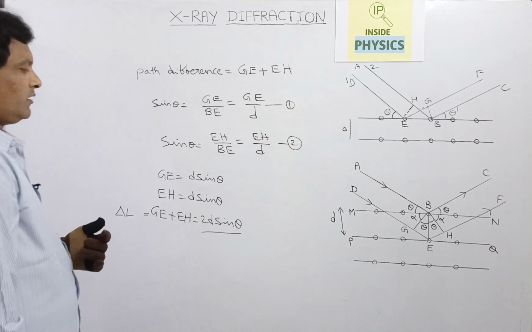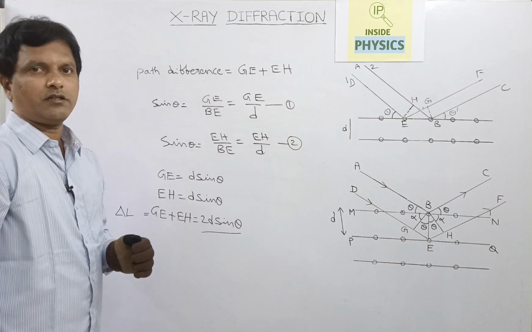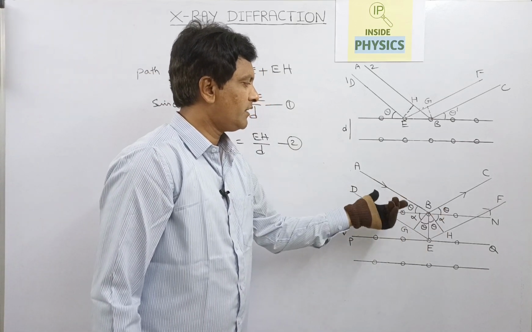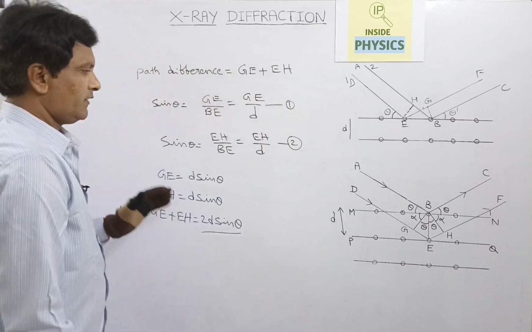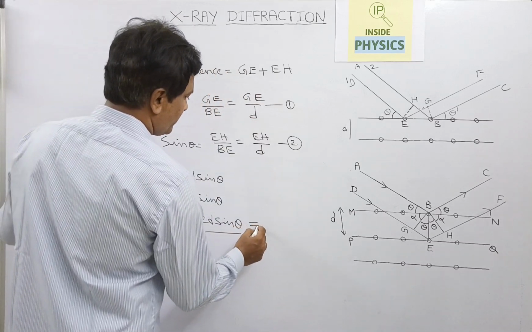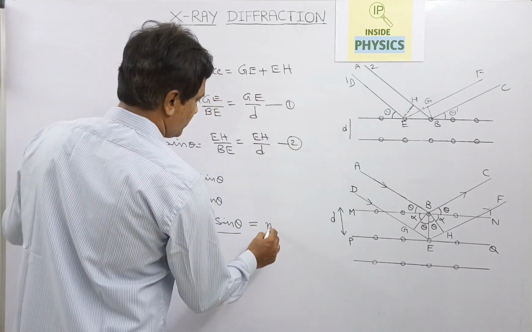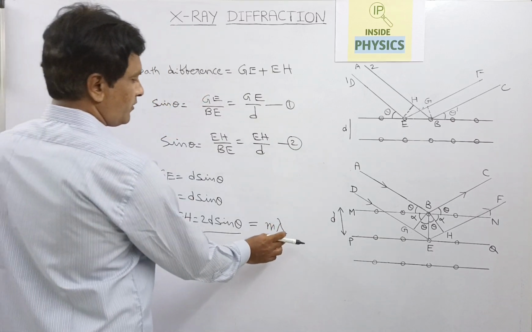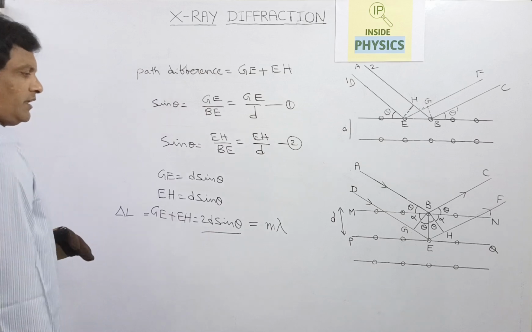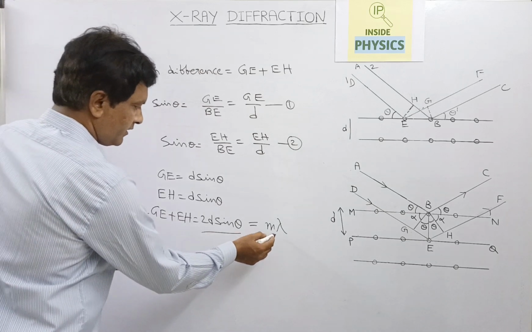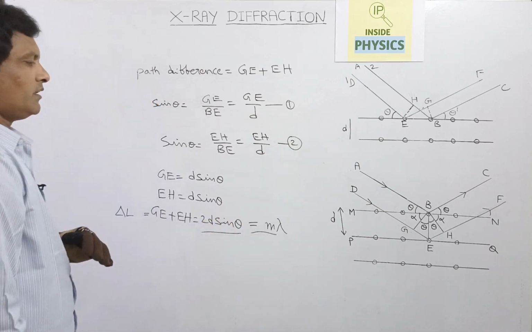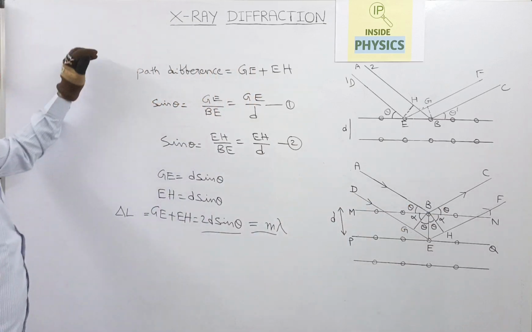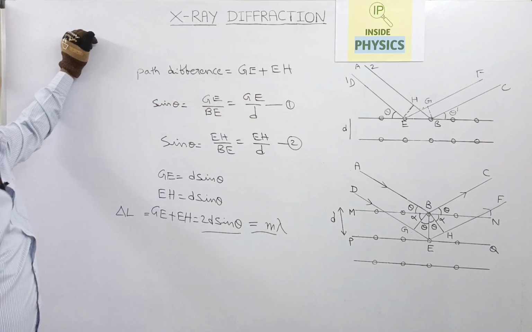We know that if the path difference of two reflected rays, here the X-rays we have taken, is an integral multiple of the wavelength of the X-rays, then these two rays will interfere constructively and give a bright spot.